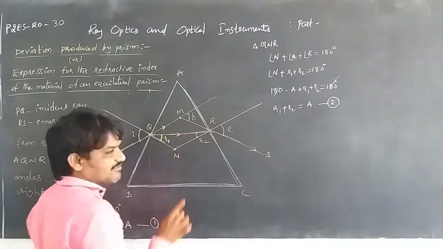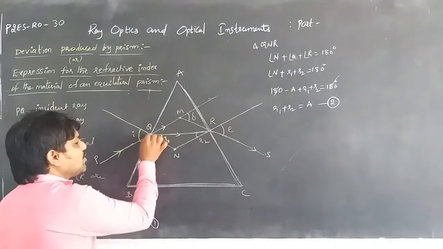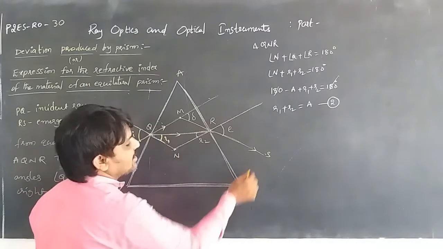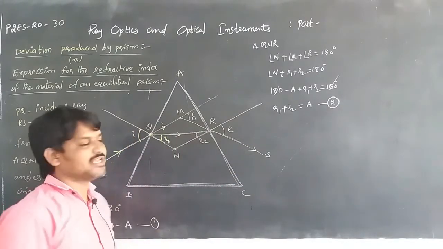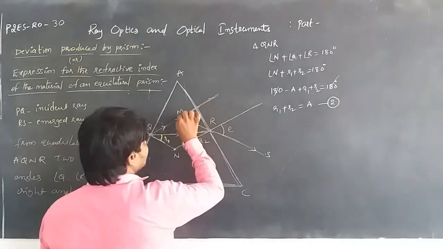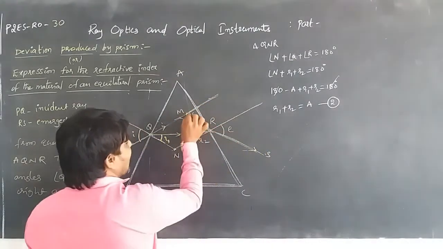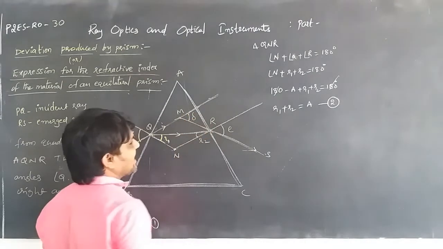The angle between the incident ray PQ and the emerged ray RS is called the angle of deviation. This is the incident ray PQ and this is the emerged ray RS, and the angle between both is called the angle of deviation.